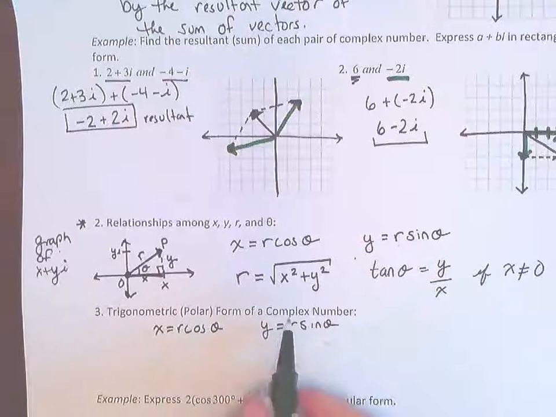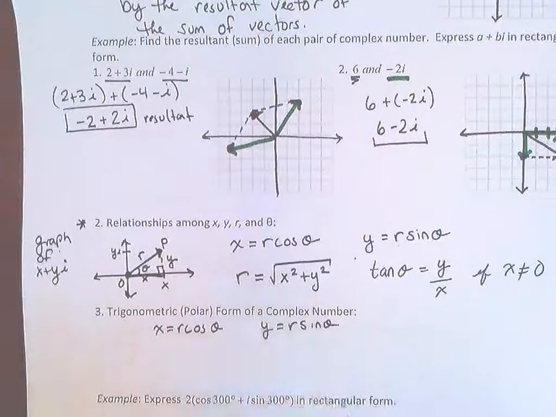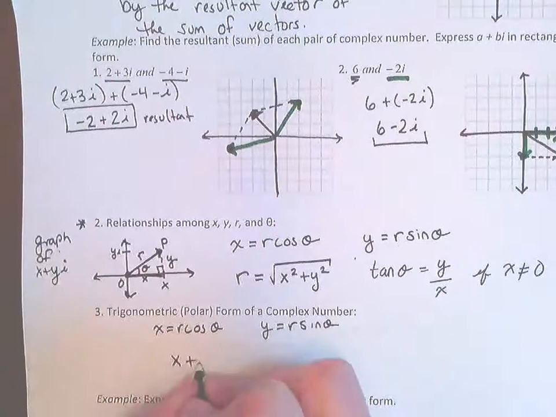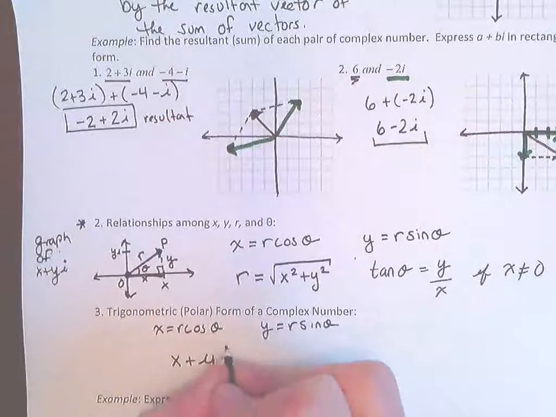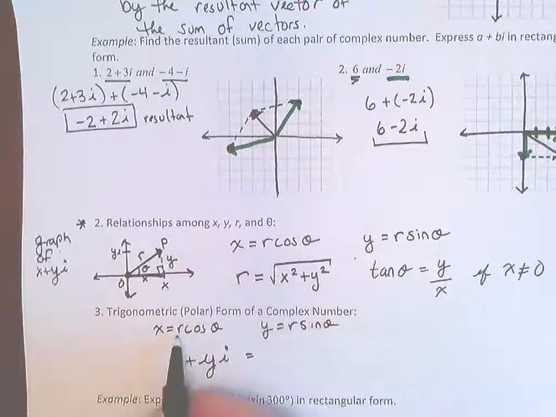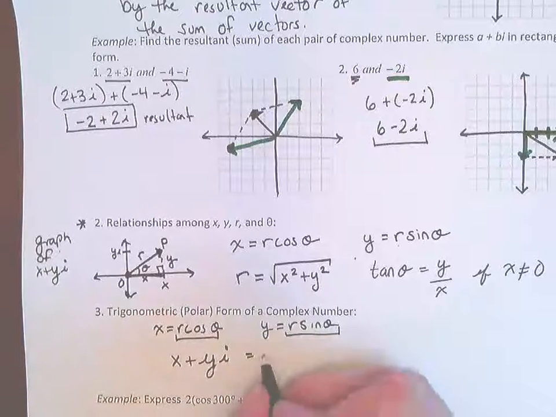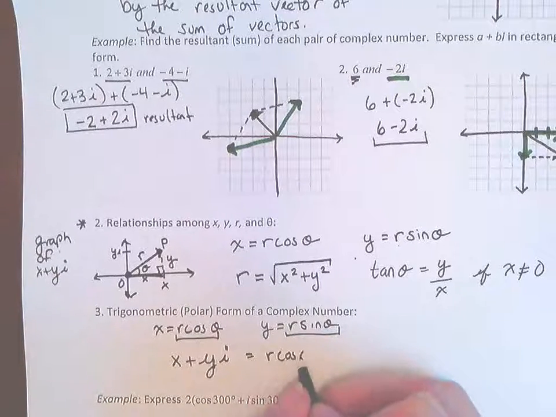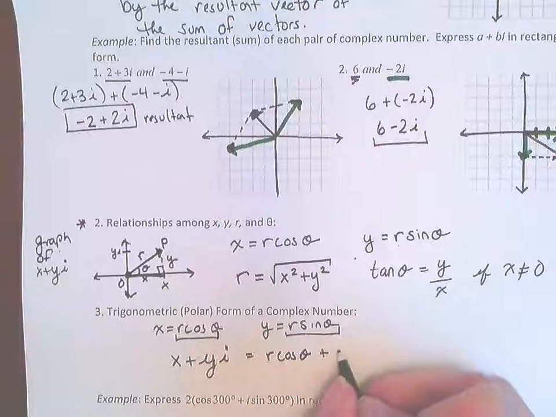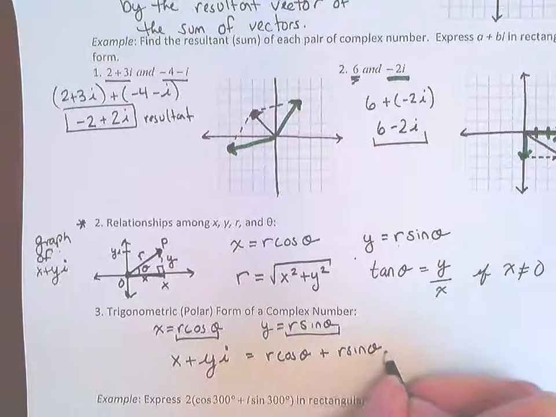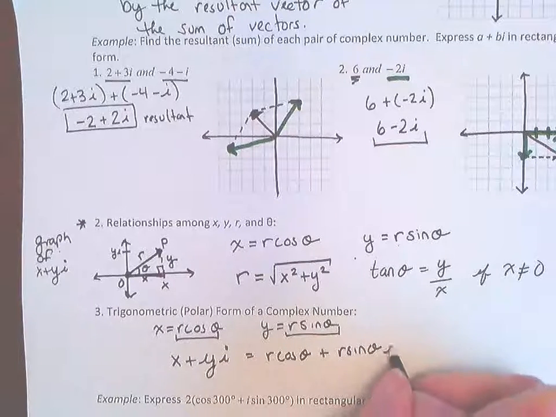Now our complex number form looks like this. It's x plus yi, right? So if we substitute this in for x and this in for y, you end up with r cosine theta plus r sine theta i.